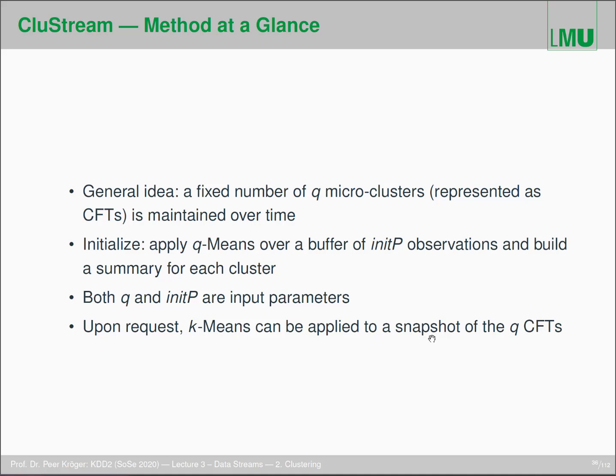Snapshot means you just say, okay, give me the snapshot at time point t17. So you get all the temporal cluster features valid at that particular time point, and then you can run k-means on the Q temporal cluster features. And obviously Q should be larger than K in order to make sense. Of course, this is again a trade-off between more detail and less efficiency, so between accuracy and efficiency.